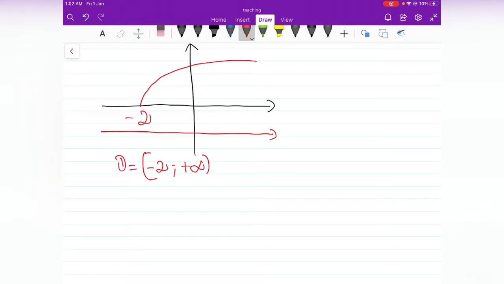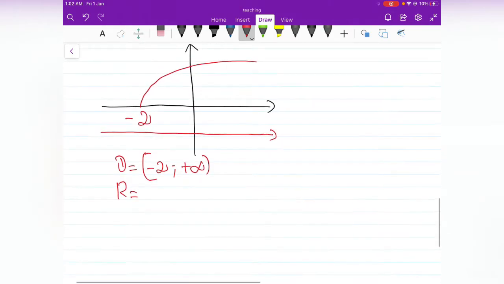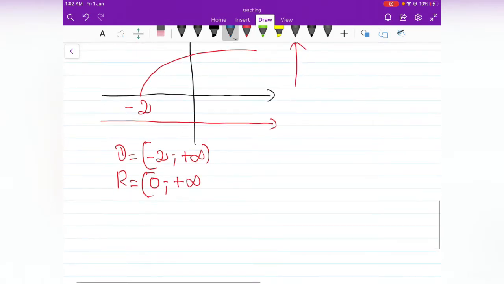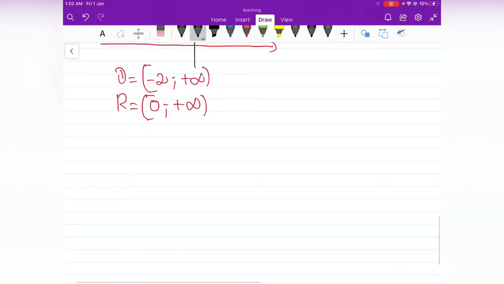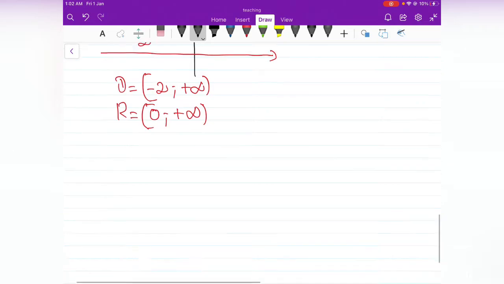And for the range, if you roll the pen, you will get from 0 to infinity, in this direction.